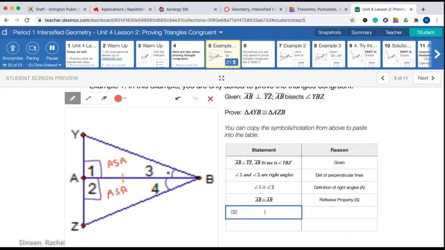Angle 3 is congruent to angle 4. Yep, angle 3 is congruent to angle 4. So angle 3, I'm just copying and pasting these symbols, is congruent to angle 4. And what is that? Well, if it bisects it, definition of angle bisector.